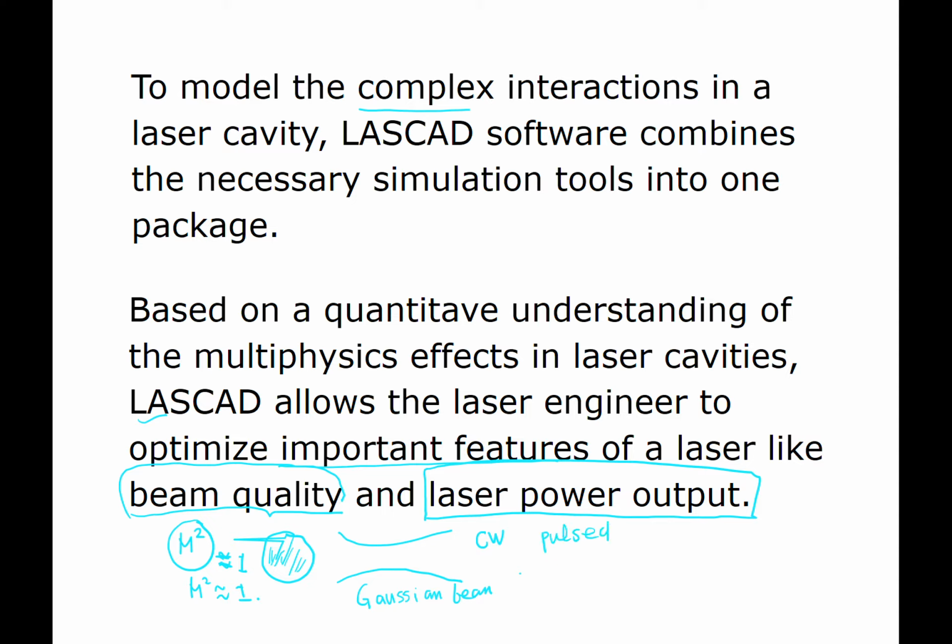And what is the average power, etc.? So beam quality and laser output power are very important characteristics of lasers, and by optimizing parameters of the laser cavity and gain medium, you can estimate those two key parameters, beam quality and laser output power.